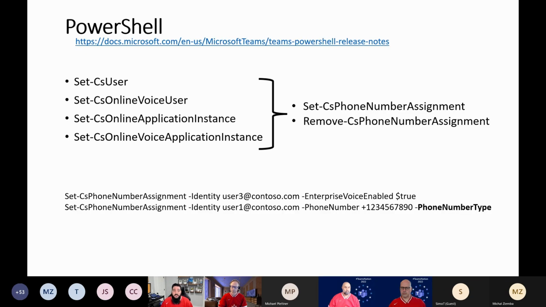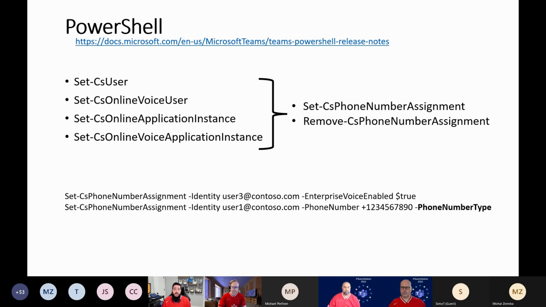Which brings us to PowerShell. A lot of changes again to PowerShell, especially the Teams PowerShell module. Make sure you're following the message center and the release notes, and make sure you're updating the module. Of course, with all these changes, that also means you have to reevaluate your scripts, may need to recode those, or look at the scripts that the community has published to also update those.